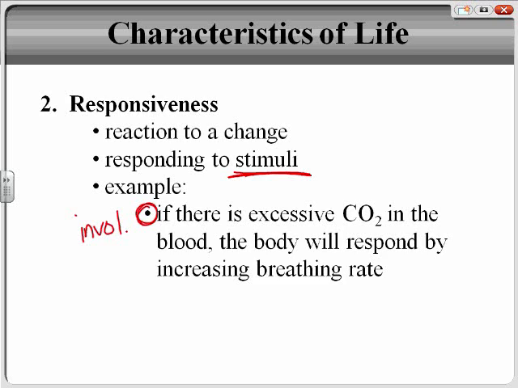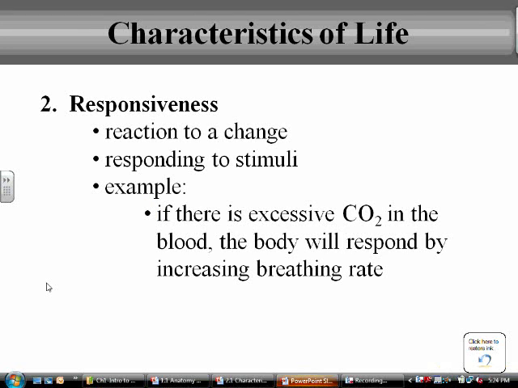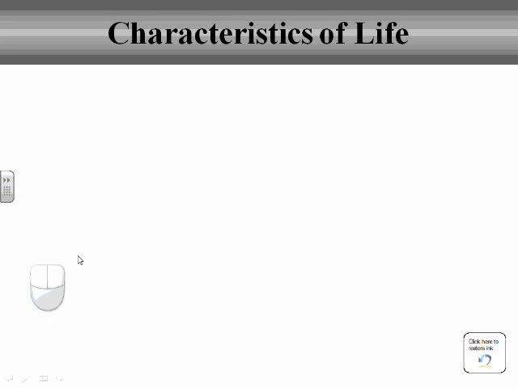You start to get a buildup of carbon dioxide in that blood. As a result, there's going to be an increase in the breathing rate. That means that more oxygen will come in and all of that excess CO2 will be able to be expelled or exhaled in your breathing. So responsiveness is going to be a crucial characteristic for life, for organisms to be able to respond to their ever-changing environment.